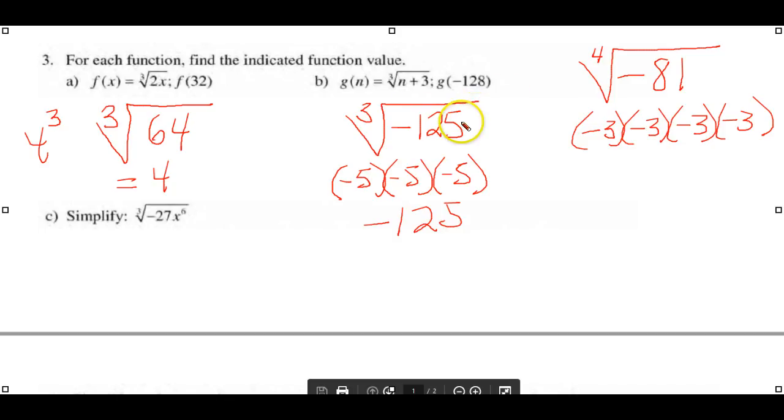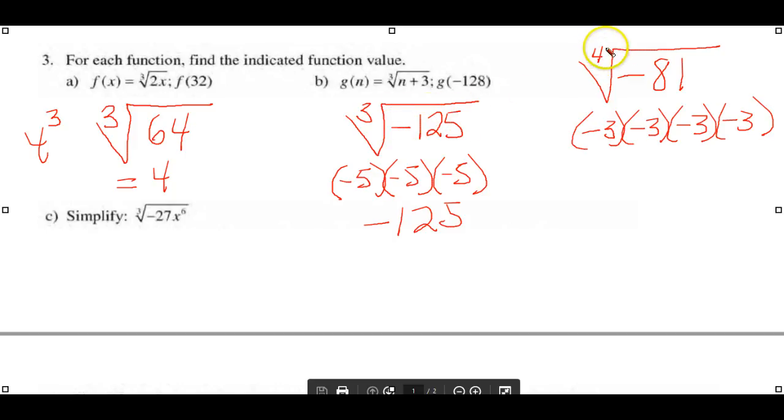So the general rule is if the index number is odd, it's okay to have a negative under the radical sign.